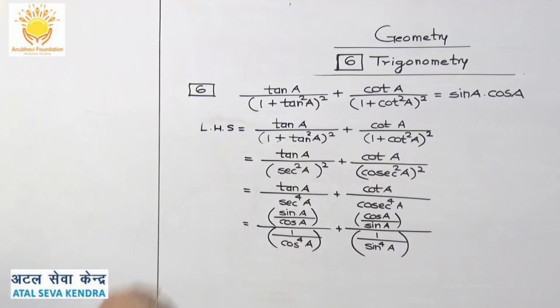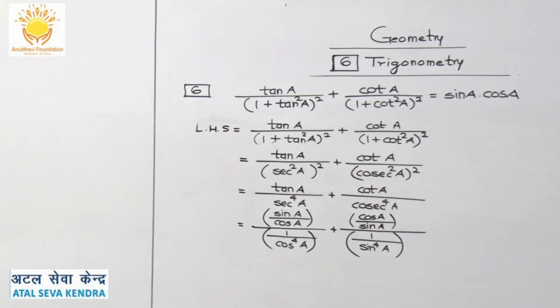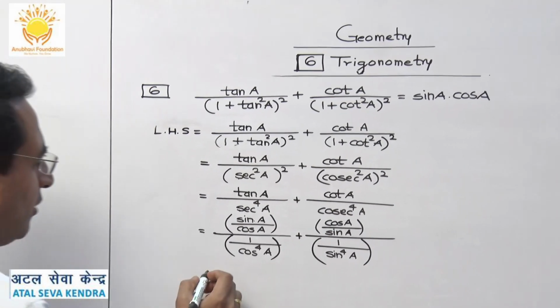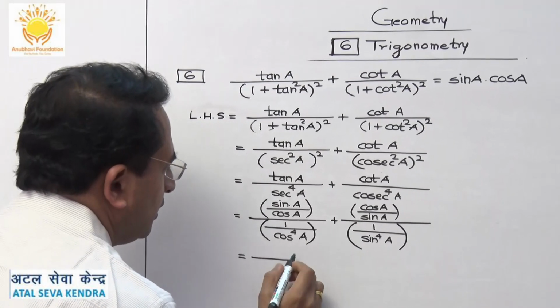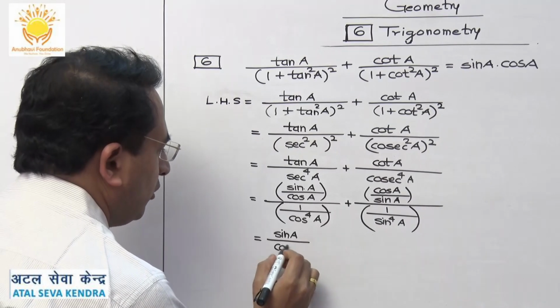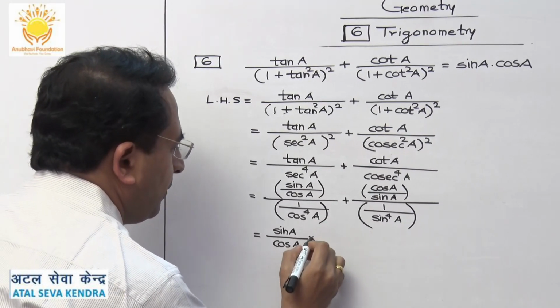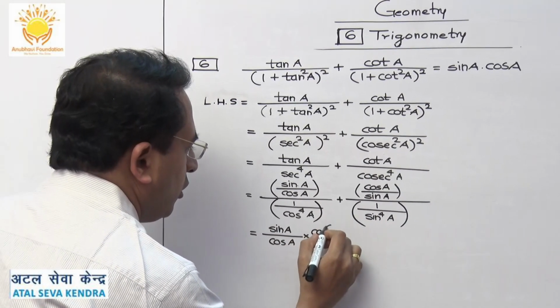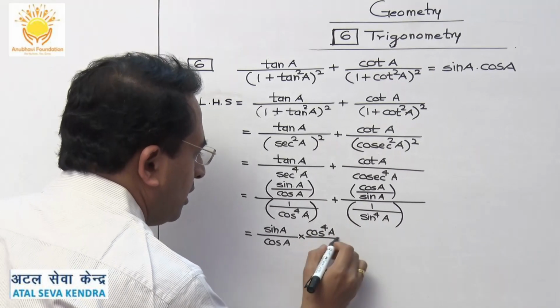Now I will convert this, which can be written further. This is written as sine of A upon cos of A, multiplied by cos raised to 4A upon 1.